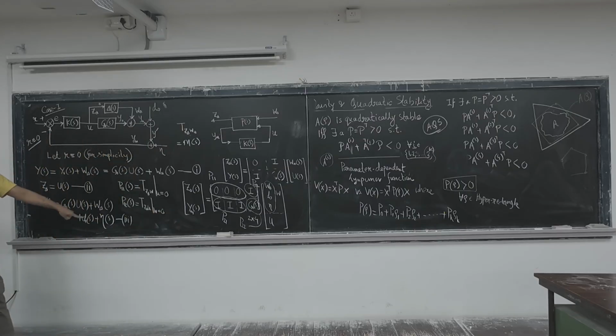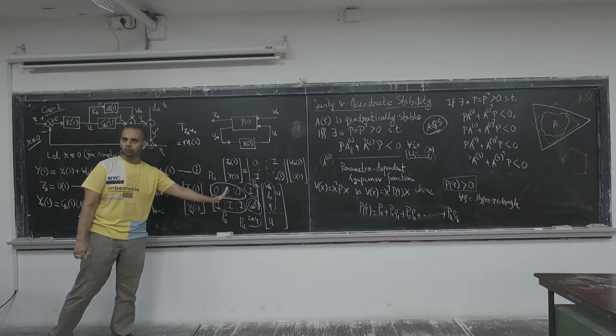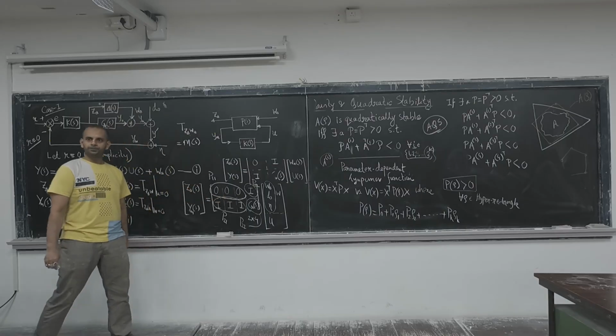If you write in that way, immediately you can figure it out. Is it fine? Any doubt? Now, are you confident about what I segmented, P11, P12, P21, P22? Do you now agree with them?